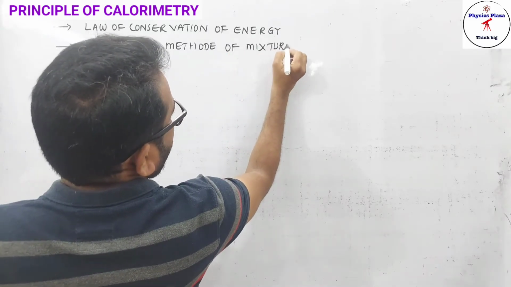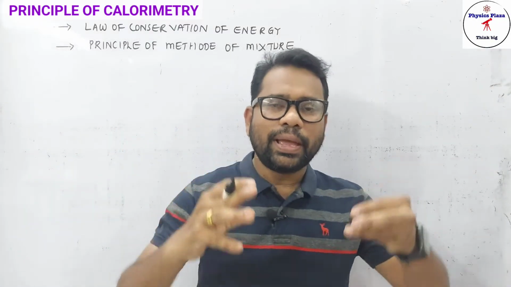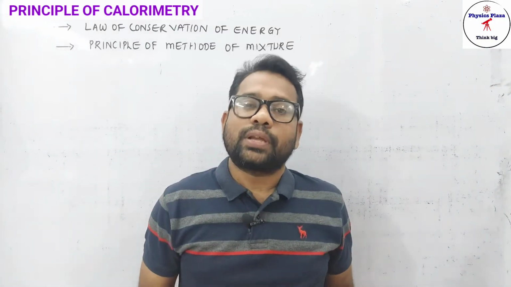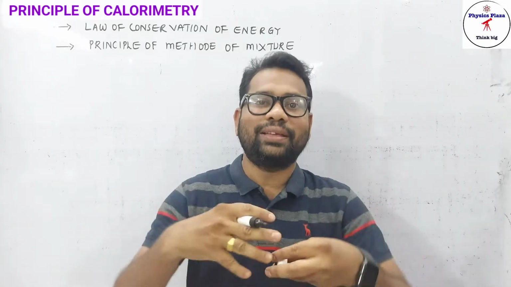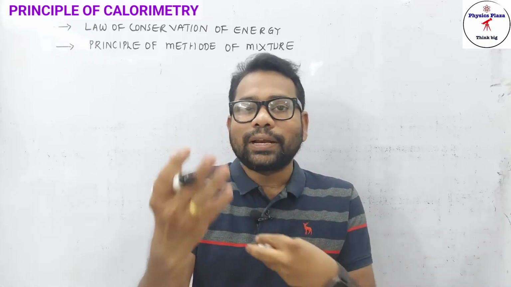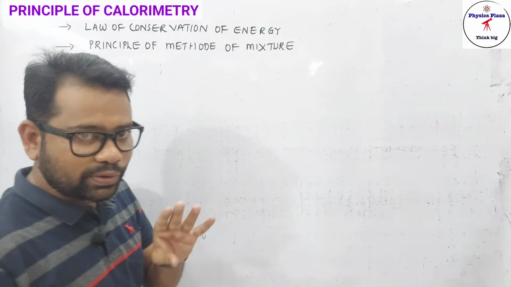Why do we call it the method of mixture? Because we will be adding different substances with different masses at different temperatures. We are mixing, we are adding. Then we will see how the heat transaction will take place. Clear? Fine.